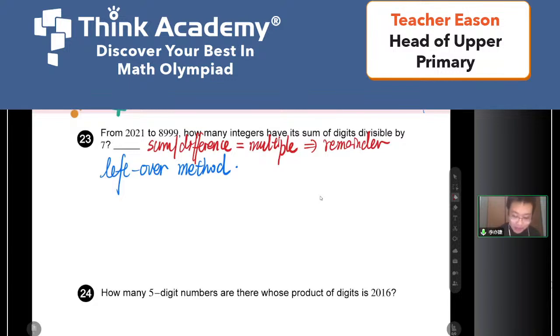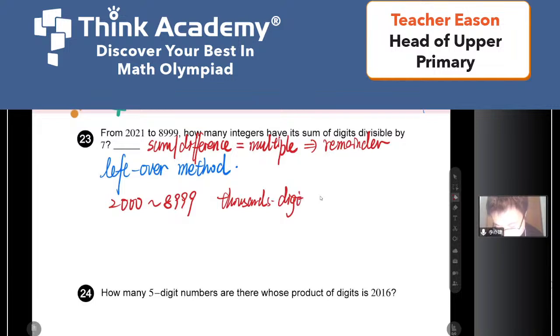So maybe we try to start with 2000 to 8999, not starting from 2021, but 2000. And you will see that the 1000th digit is 2 to 8.